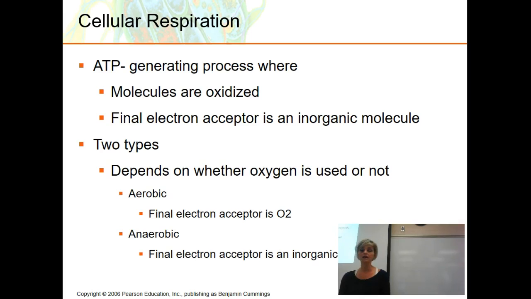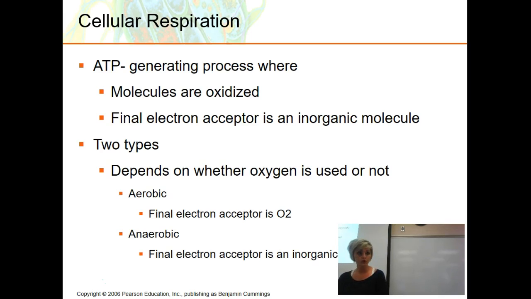If it's anything else, I don't care what it is, sulfur, nitrogen, carbon, gasoline, I don't care what I put. If the final electron acceptor is not oxygen, that can't be aerobic. That is anaerobic. The energy that you produce aerobically and anaerobically as a microbe is very different.